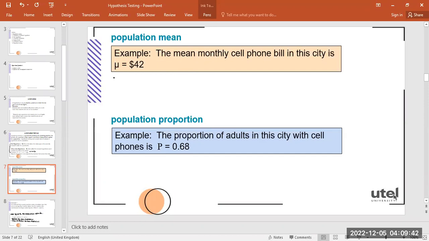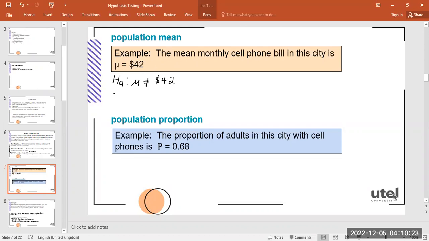Now, after I research, another person could decide to say that he has an alternative hypothesis, which could be written this way: HA is such that mu is not equal to $42. So in other words, he is saying, based on whatever research he or she might have done, that the mean monthly bill in the city of Mexico is not equal to $42.